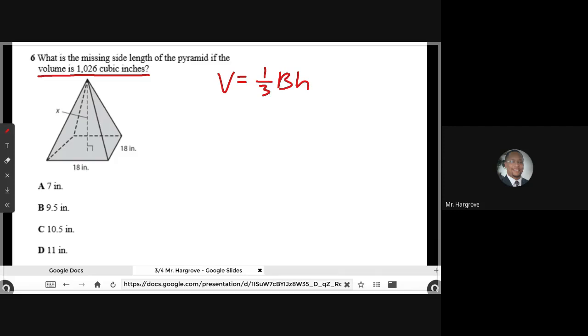Type into the chat, what part of the formula does the X represent? What part of the volume formula does X represent?